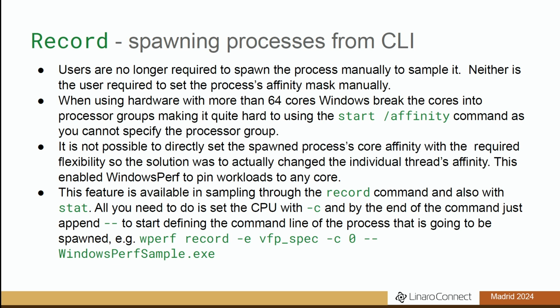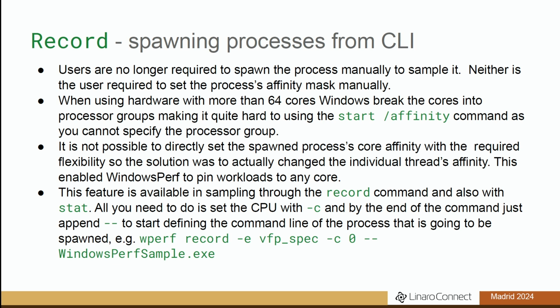On early versions of WindowsPerf, you actually had to first spawn your process manually, pin it to the CPU manually, then grab the PID, go to WindowsPerf, and start sampling. So this is very tedious, very error-prone.